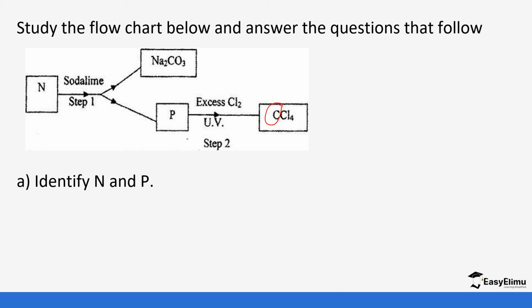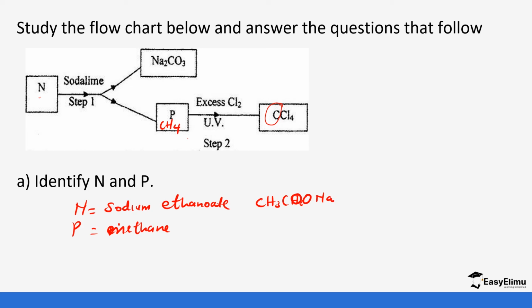So the identity of N is going to be sodium ethanoate, and P is methane. So this is CH3COONa, and then this is CH4.